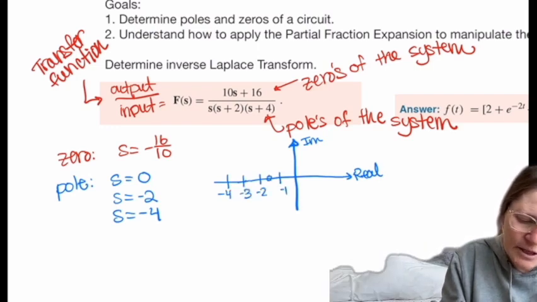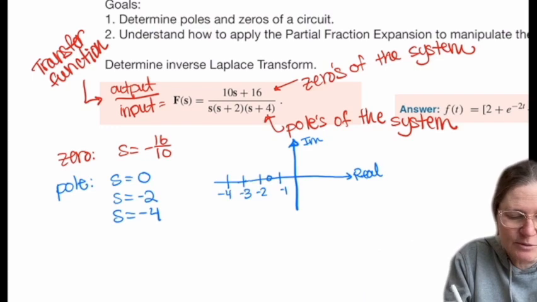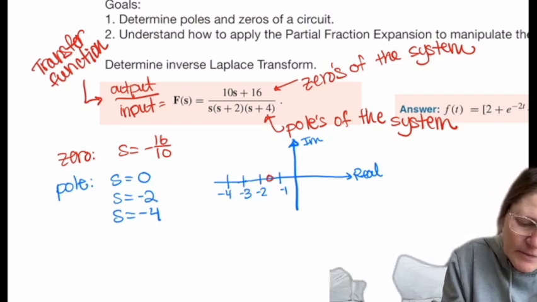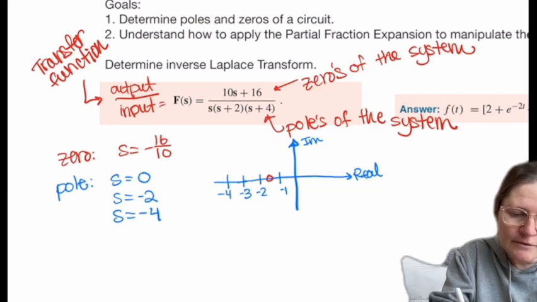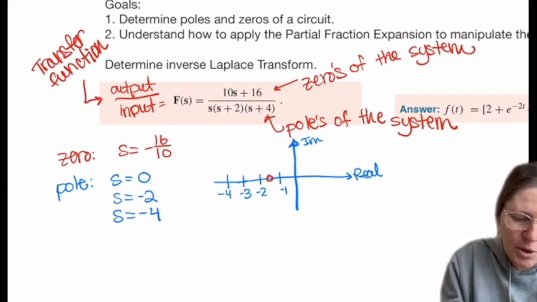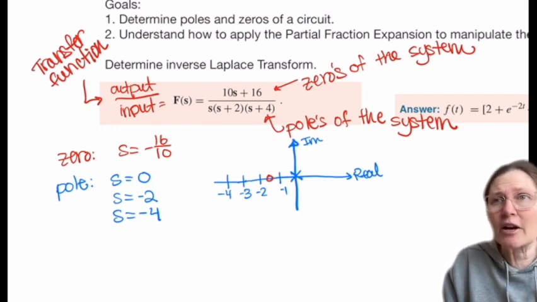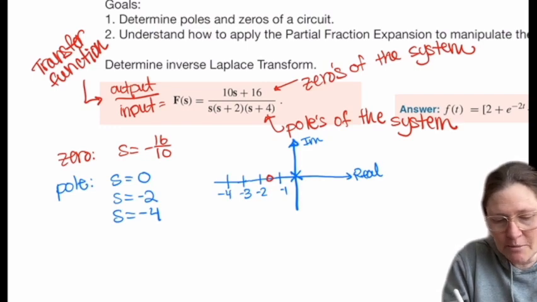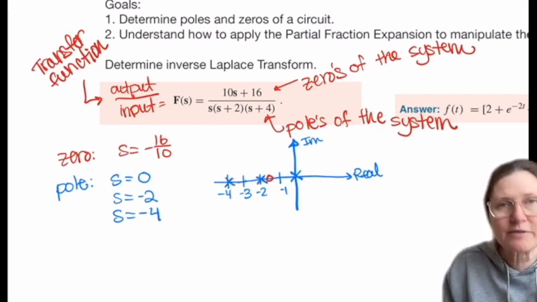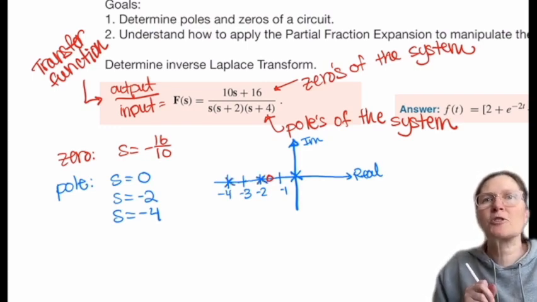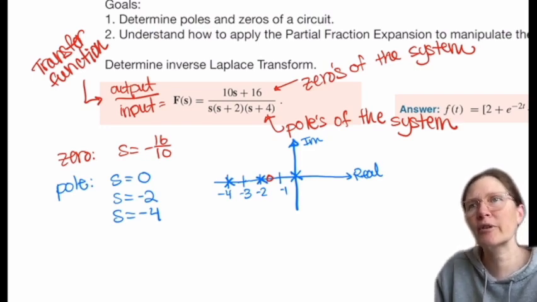So we have a minus 1.6 for a zero, do it in red. And then you're going to have the poles, one at the origin, and they are x's typically, and then one at minus 2, and then one at minus 4. So this would be your graph of the poles and zeros of this system.